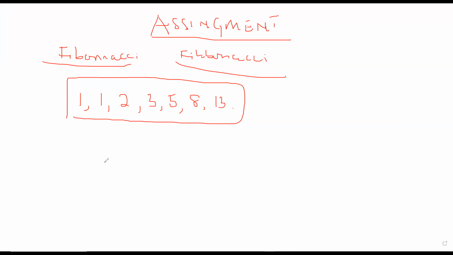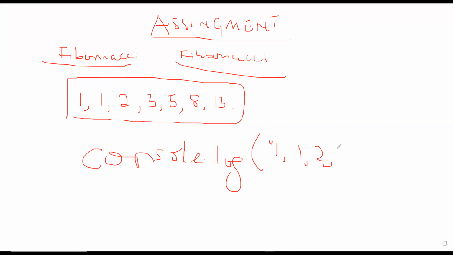Right? And don't try to do hard coding for me. Some might want to do this: 1, 1, 2, 3, 5, 8, and 13. No, I don't want to see this. No, this is hard coding. You don't add code for me.